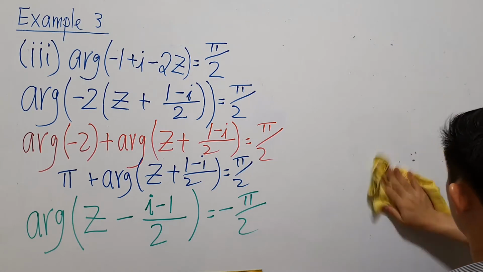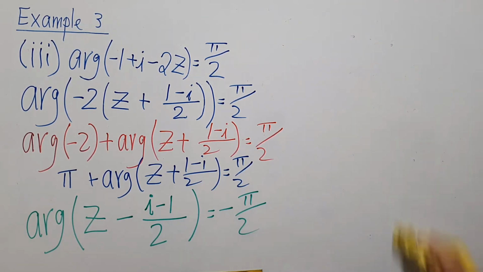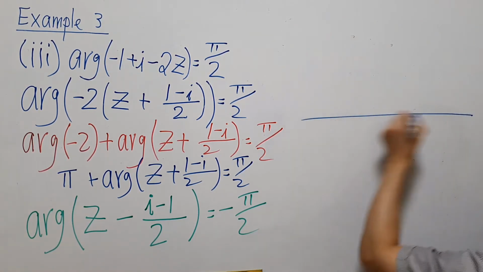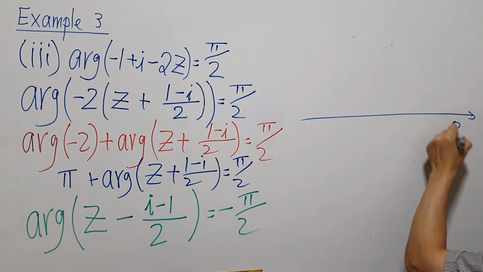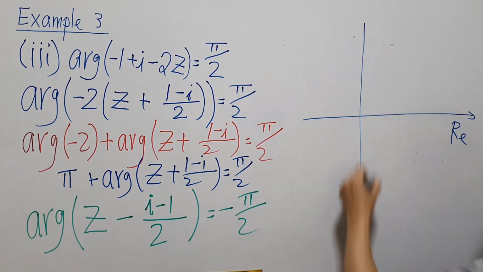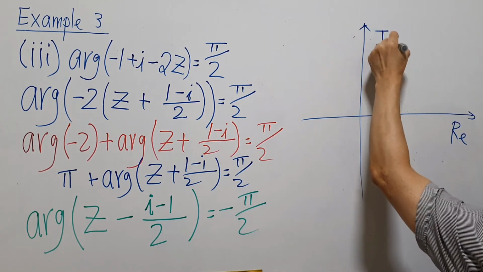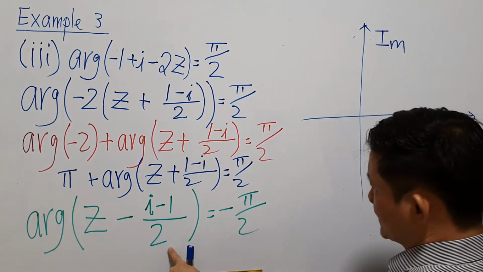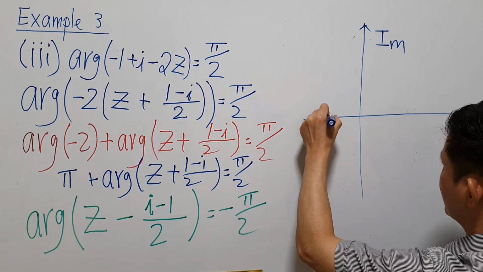So again, when drawing the locus of a complex number equation, you want to start off by drawing the axes. You have the real axis. You also have the imaginary axis. And then you want to draw this complex number, which is minus half, maybe somewhere here.